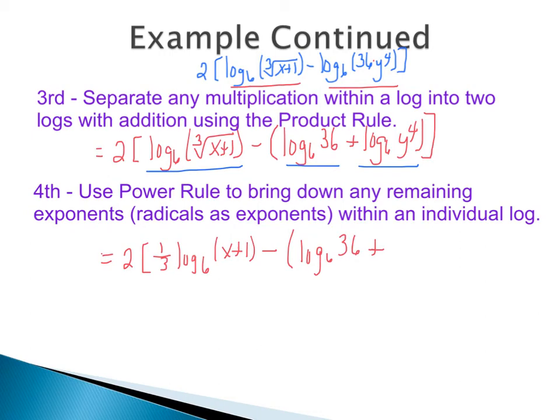Again, we have an exponent of 4, so that 4 is going to be dropped down in front of the log that it's attached to. So we're going to have a 4 log base 6 of y. This is what we have so far. Again, we have the square bracket to note that we still have that 2 on the outside. Every exponent that we had just got dropped down in front of its associated log.